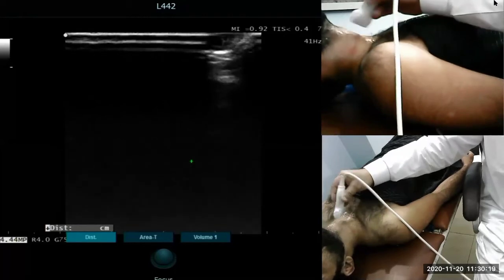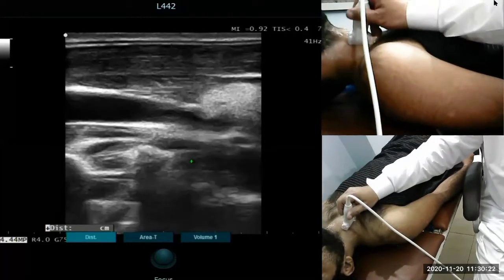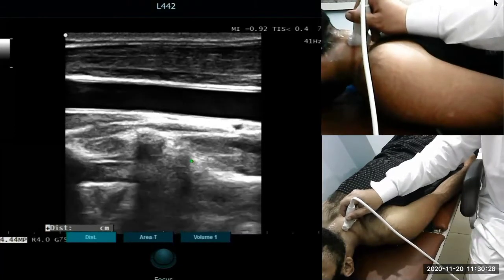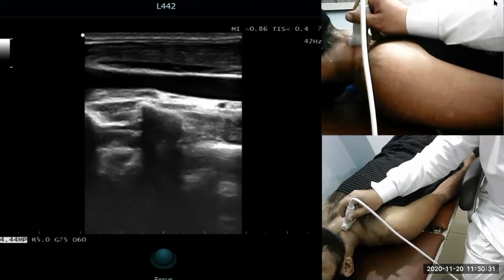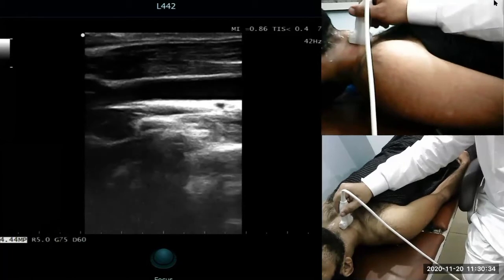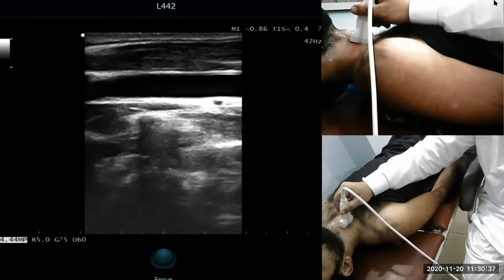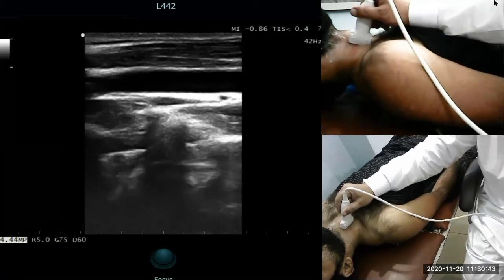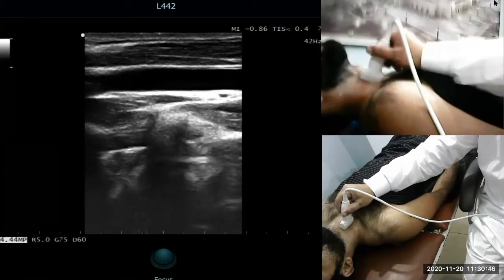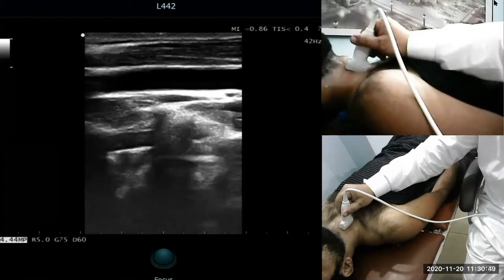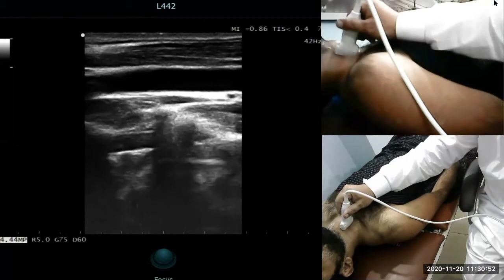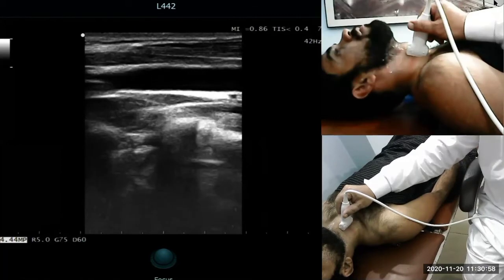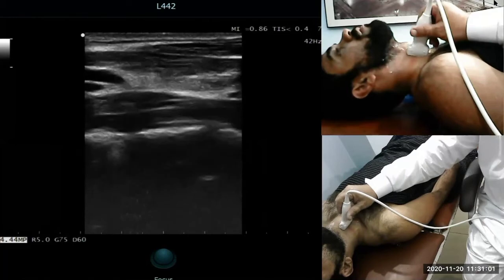Longitudinally you can see the common carotid, and from here I will move the probe laterally, or at times I will just tilt.